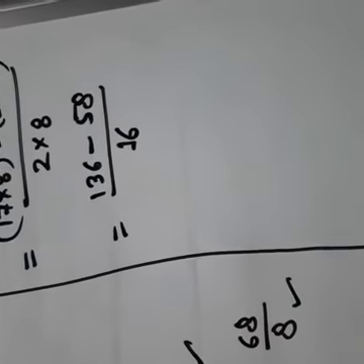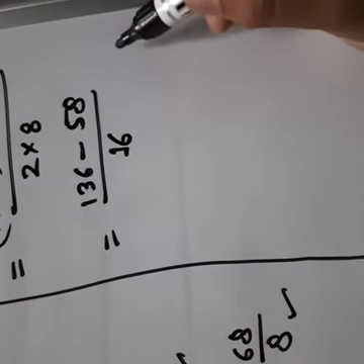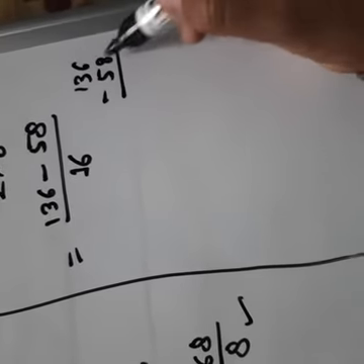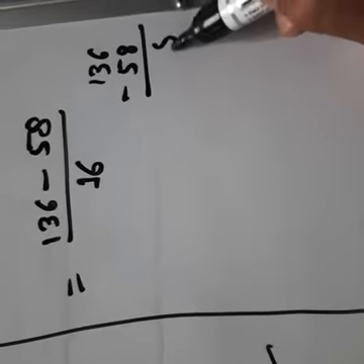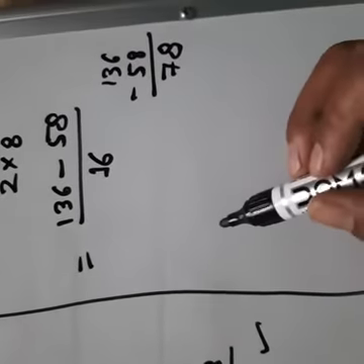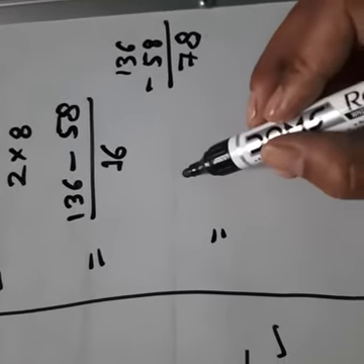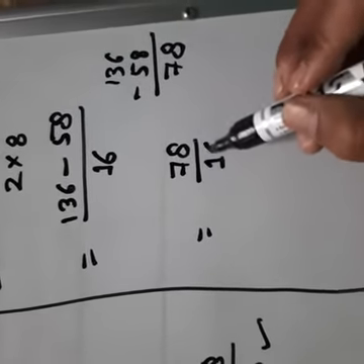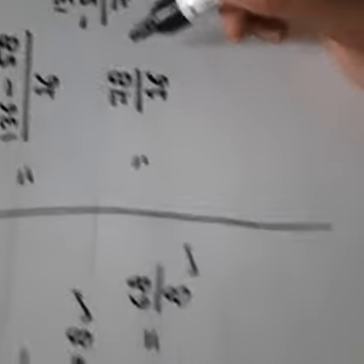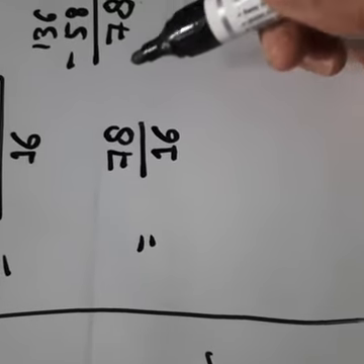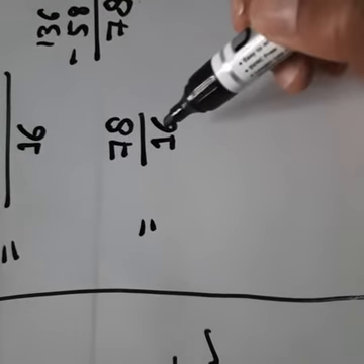Now, students, subtracting 58 from 136 we get 78. So finally, after subtraction, we got 78 upon 16. Now you can see the previous answer was 39 upon 8 and here we got 78 upon 16.